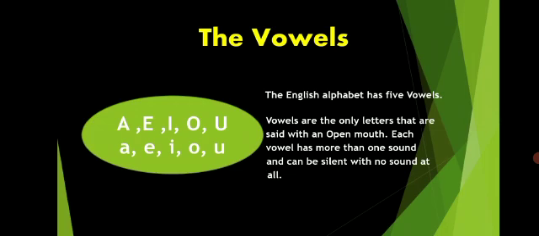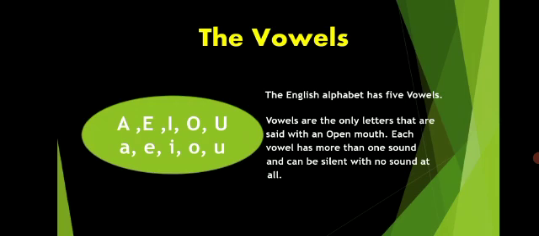As you can see on screen, there are 5 vowels: A, E, I, O, U. Now repeat after me: A, E, I, O, U. Kids, you know that sometimes Y also acts as a vowel as well as a consonant.